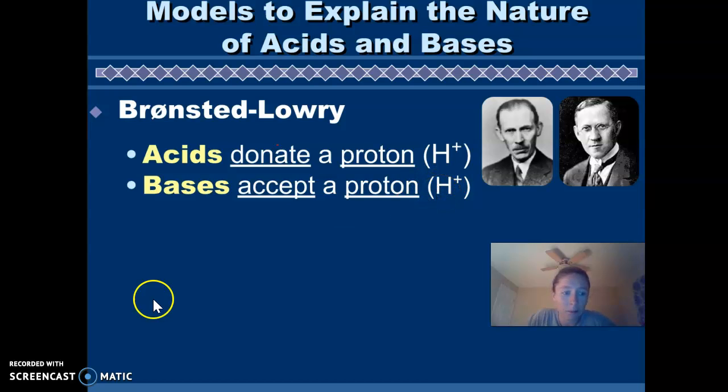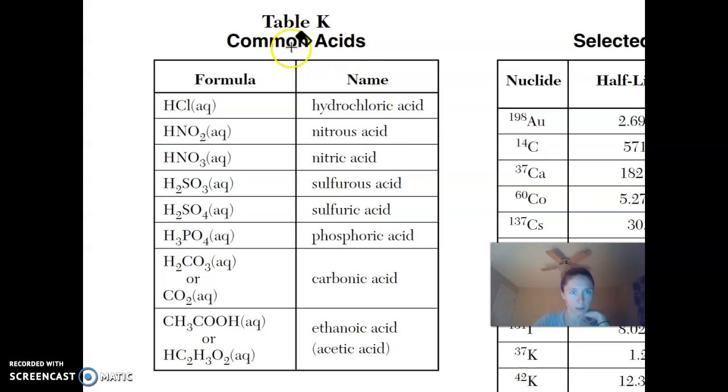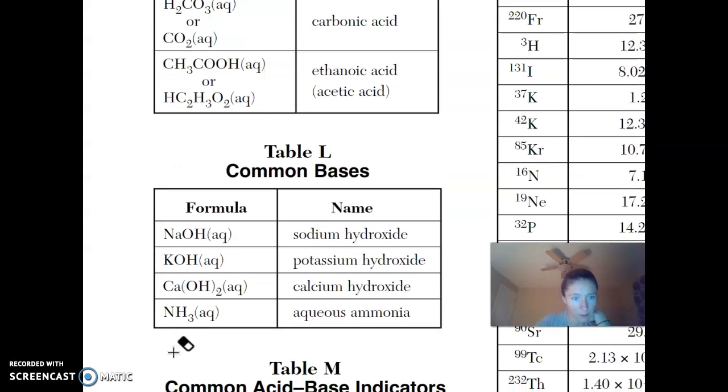So for example, this makes sense now if you go to your reference table. When you look at the table of common acids, table K, you see all of the acids still start with the proton or the H plus ion. However, all of the bases don't have hydroxide in it.